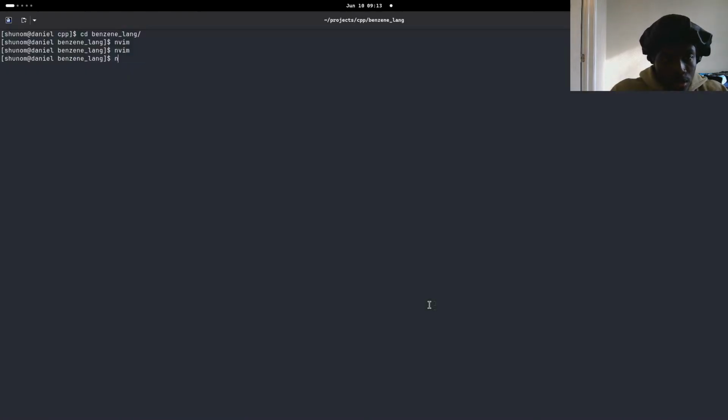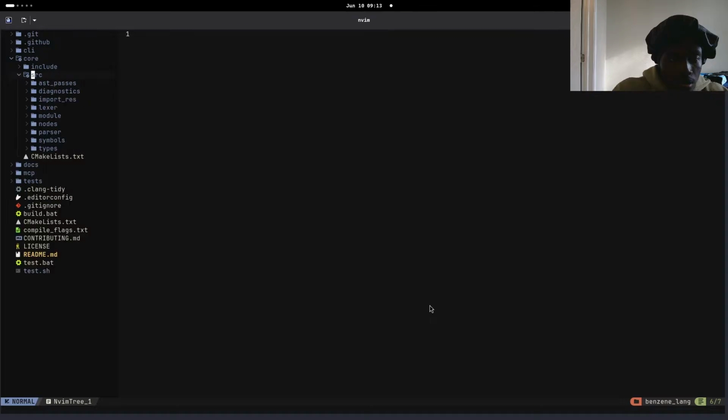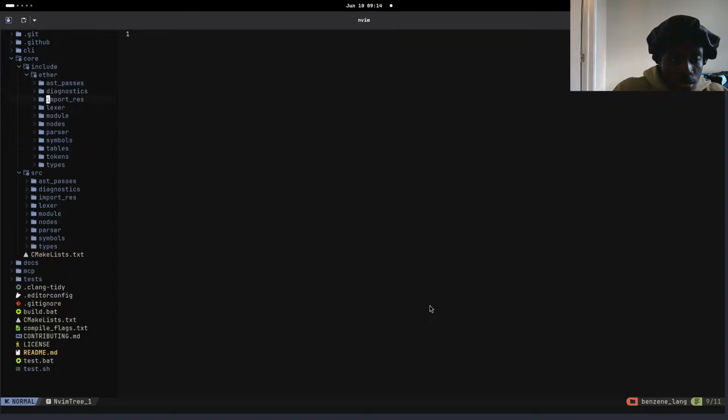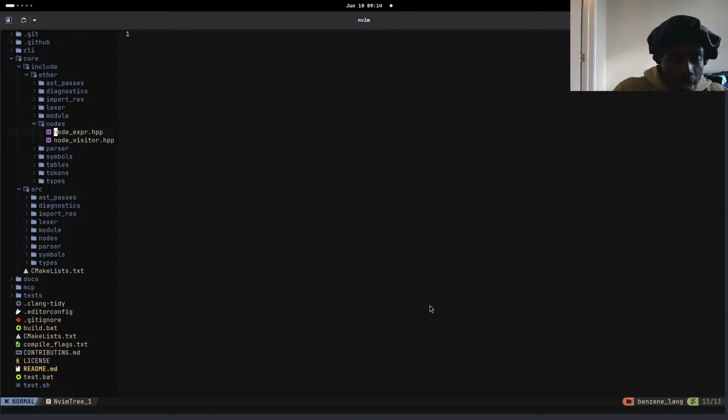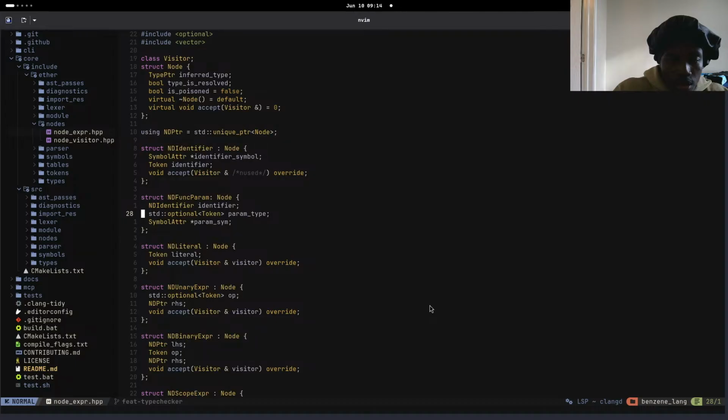I don't know how to reload this thing. Core source. Section of it, user nodes. Yeah, we got a func param.